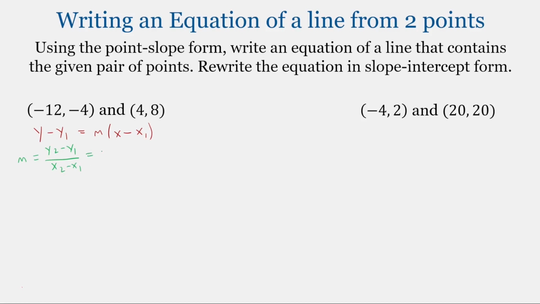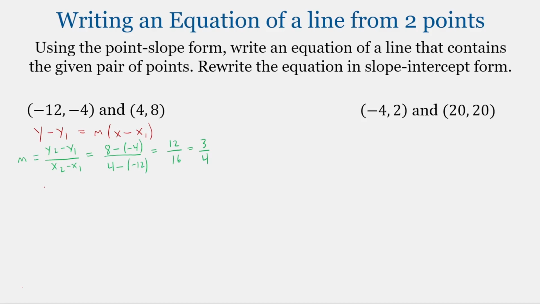So in the numerator, we're going to have 8 minus a negative 4 all over 4 minus a negative 12. This will give us 12 all over 16. And we can simplify this down to 3/4. So our slope is 3/4.